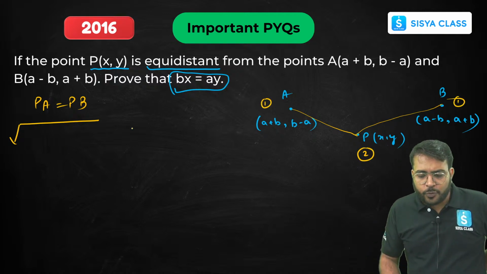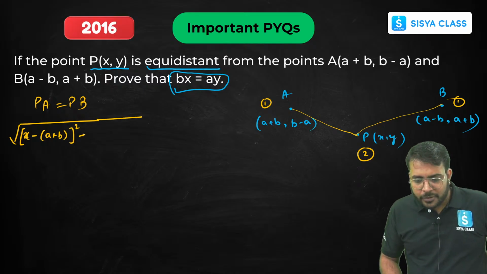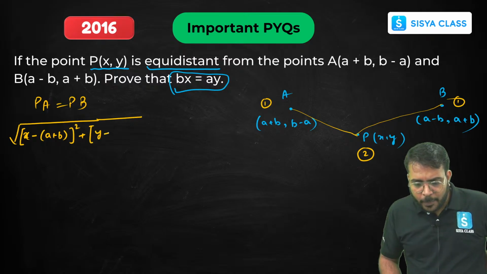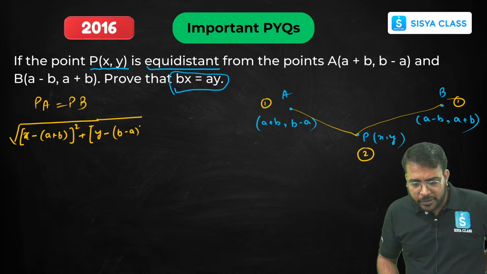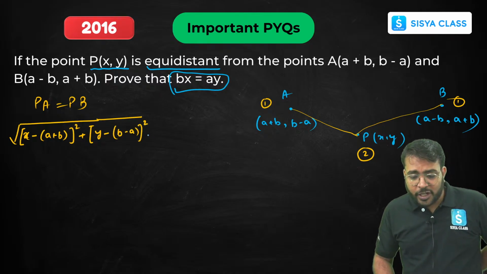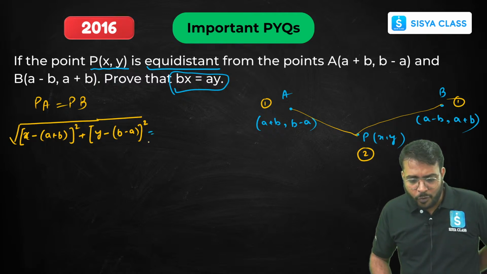x2 minus x1, so (x − (a + b)) whole square, plus y2 minus y1, that means (y − (b − a)) whole square. Don't make a mistake here in plus and minus, otherwise you won't be able to prove this.